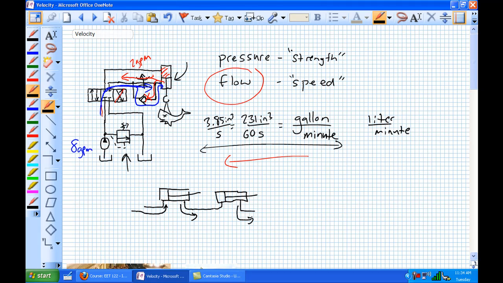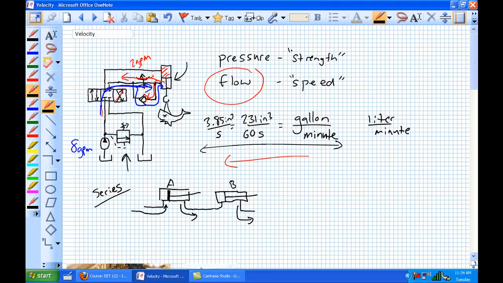Okay, so how do you think, and we're going to go back into examples on series and parallel cylinders in a little bit more detail, but think of how this thing reacts. If flow comes into cylinder A's cap end, there's cylinder B, simultaneously flow is coming out of the rod end of cylinder A, because that's the same device, that's the same piston face there that's moving.